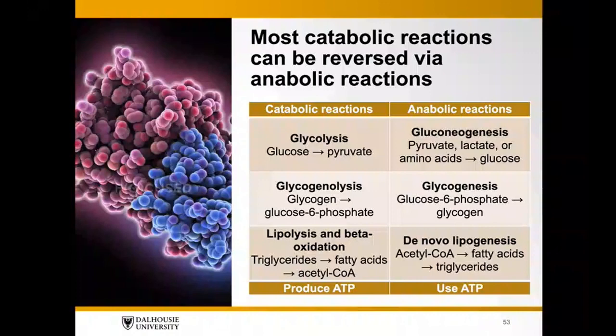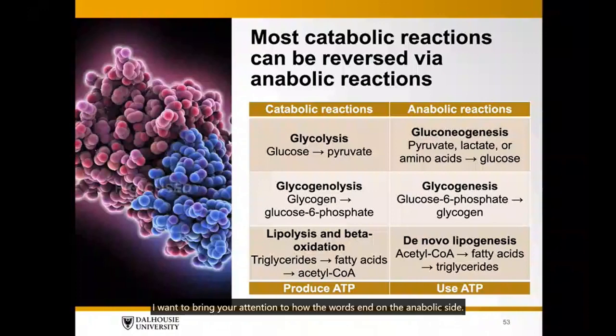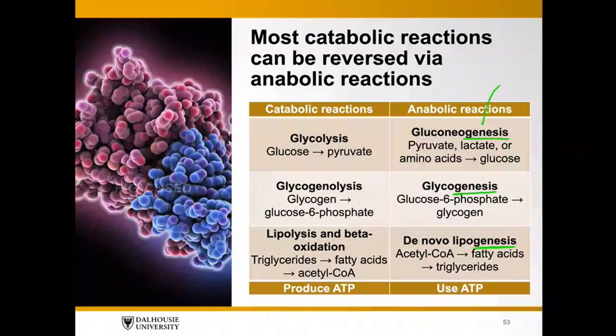Before we go into some of the details here, I want to bring your attention to how the words end on the anabolic side. Notice genesis: gluconeogenesis, glycogenesis, de novo lipogenesis. So genesis means the creation of.